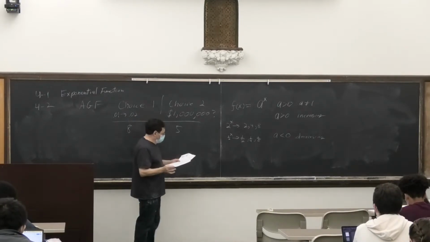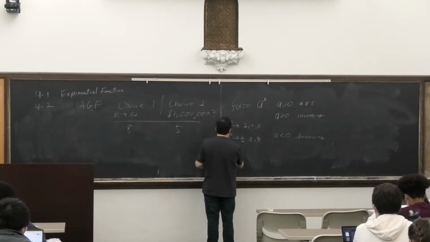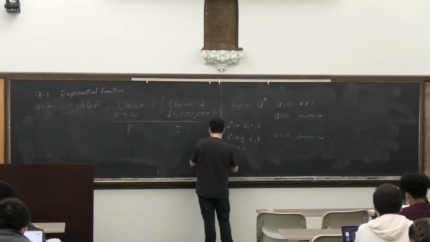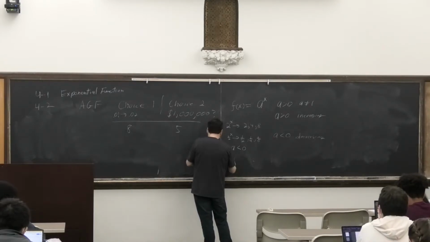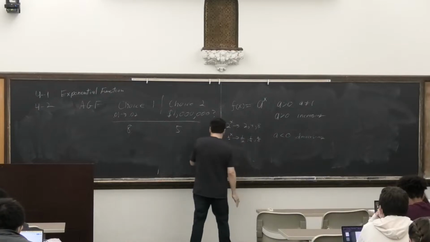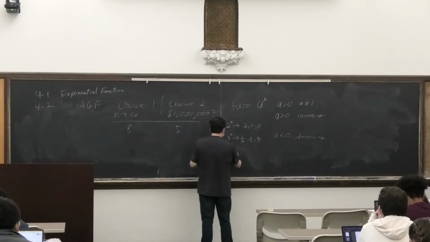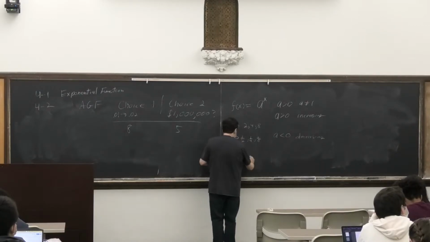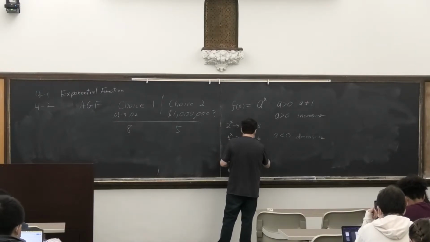It's good to note that, okay, that's not what I wanted to say. I guess what I wanted to say is, if you have 1 over a to the x, that's just a to the minus x.